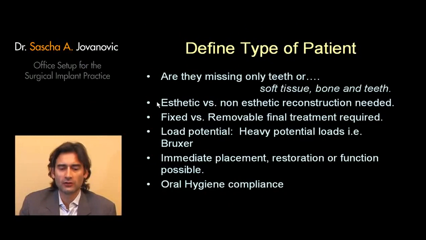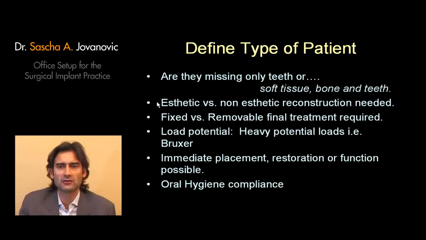You're often selecting patients for fixed versus removable. Again, any kind of fixed restoration in an edentulous arch is going to be more difficult from a surgical standpoint than a case where you're going to do removable. And it purely has to do with the implant placement.